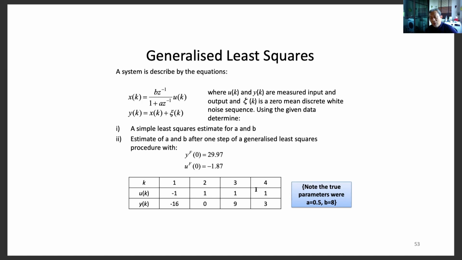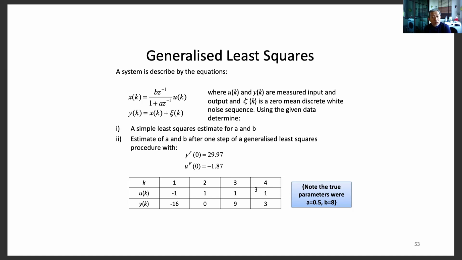In filtered least square, we have initial conditions: YF0 is equal to 29.97 and UF0 is equal to minus 1.87. The data is given for sequence K equal to 1, 2, 3, 4, with U equal to minus 1, 1, 1, 1 and YK equal to minus 16, 0, 9, 3.